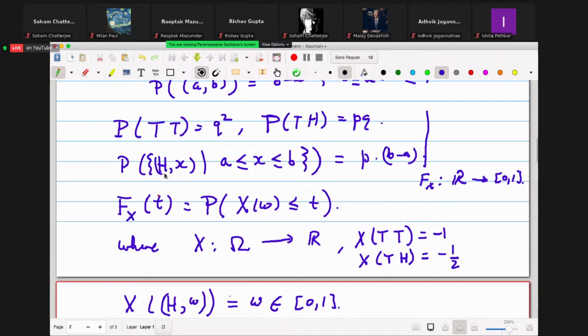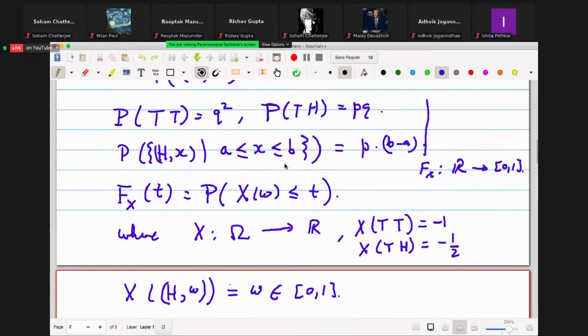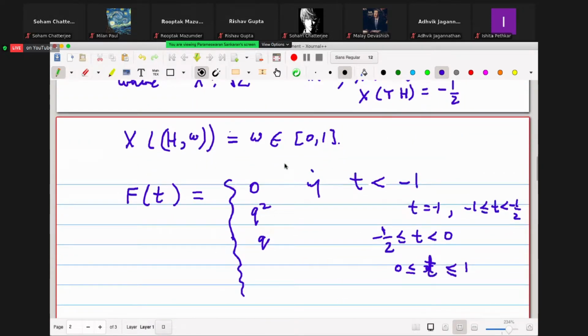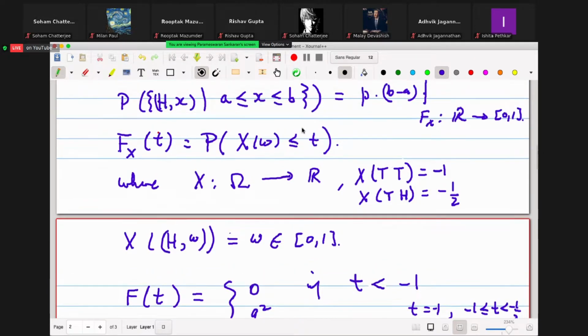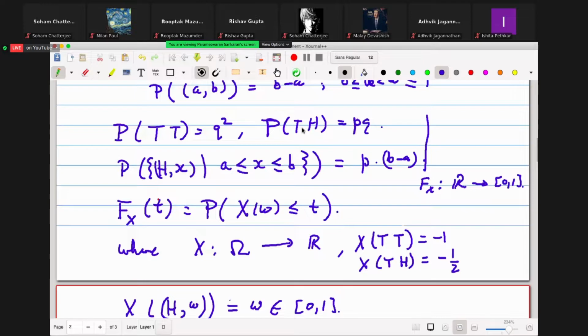The first coordinate is h, and the second coordinate varies from 0 to t. That is the inverse image of the set. So the set of all omega such that X of omega is less than or equal to t will involve q square, it will involve pq, and it will also involve this.